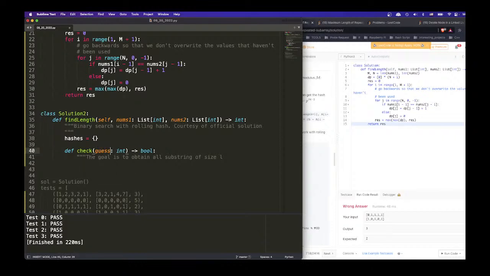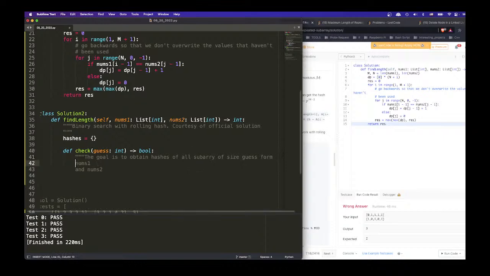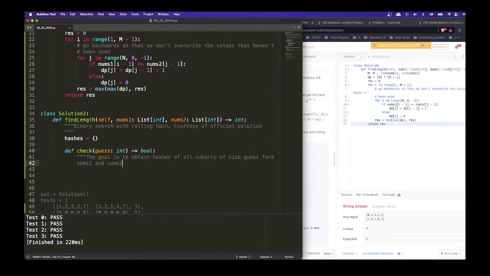Guess is to obtain all substrings of size guess from nums1, not substring, subarray, and nums2, obtain hashes of all subarrays of that size from nums1 and nums2, and check whether any of the hashes match.